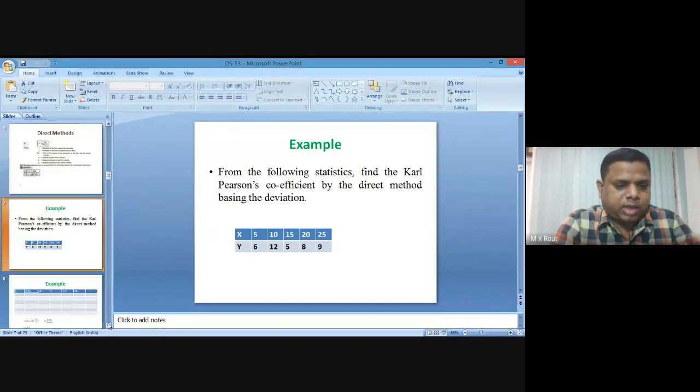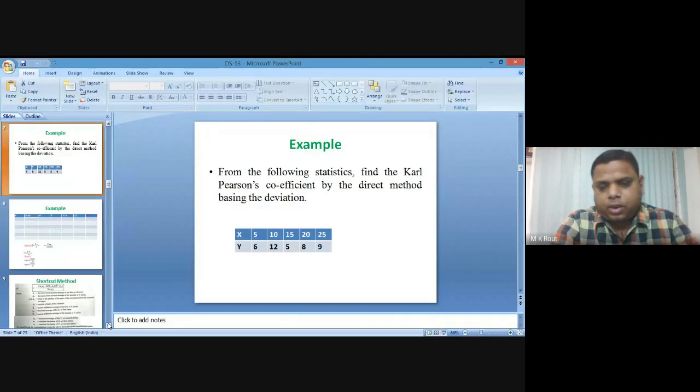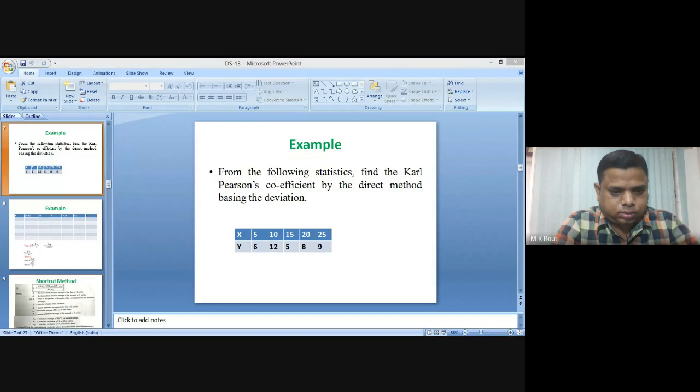As you know, in the first step, you have to calculate the mean of x and the mean of y. Just calculate. Shakti Prasad, what is the value of x bar? 15.